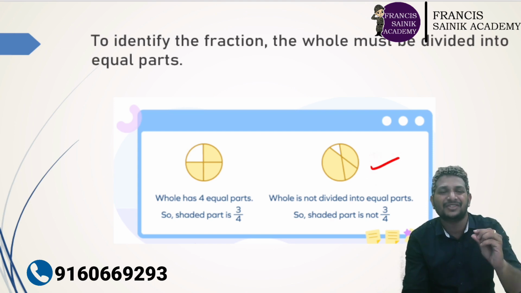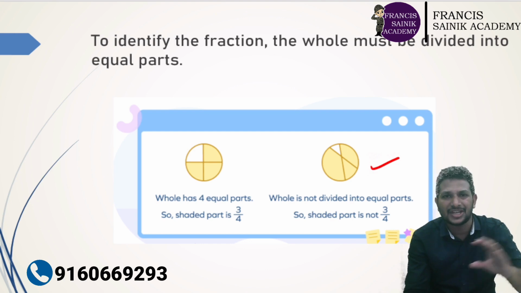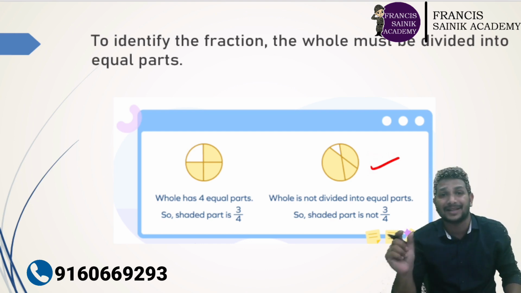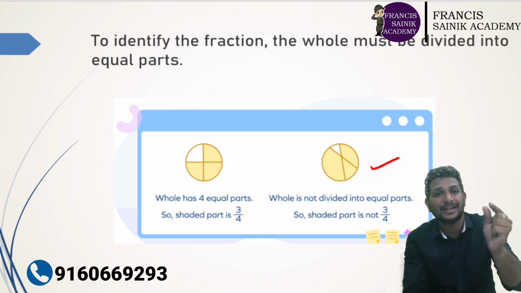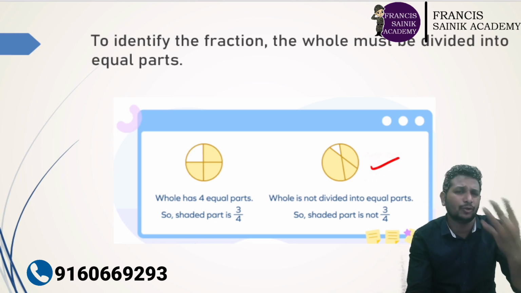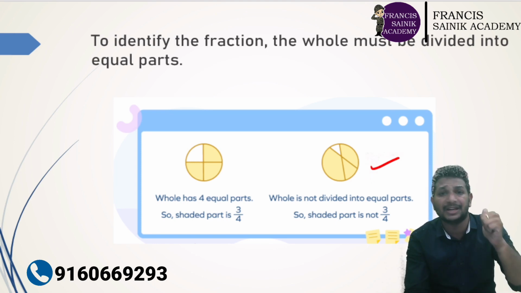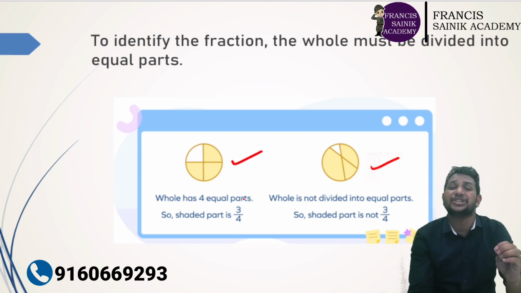That's why the definition of a fraction clearly says the total parts which are divided should always be equal. It can be 4 equal parts, 5 equal parts, 6 equal parts, as many parts as you like, but it should be divided equally. So in the first example, we can represent a fraction.